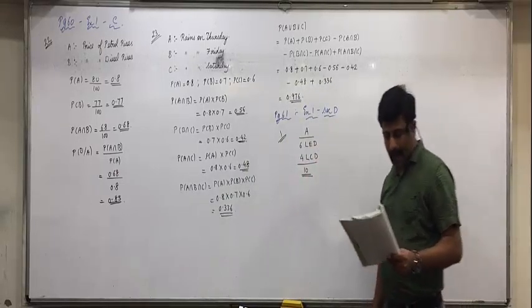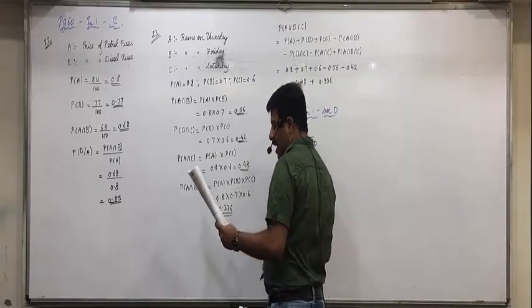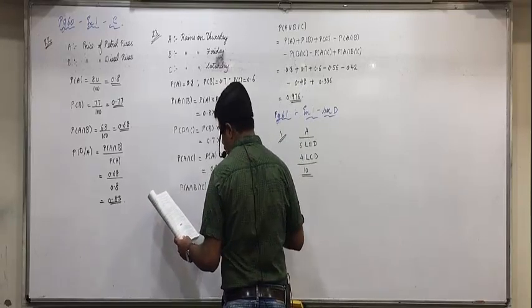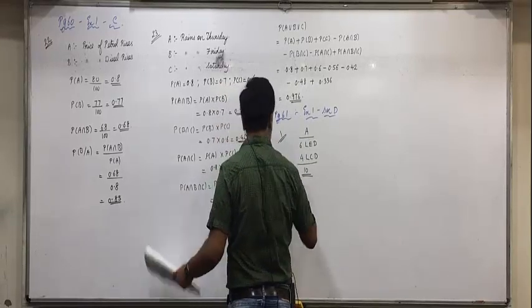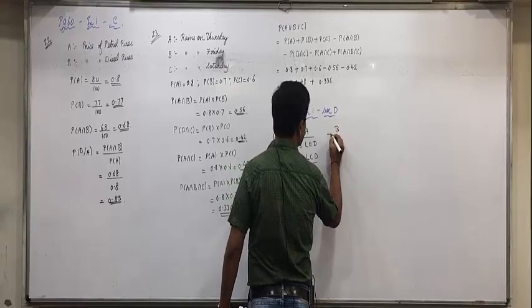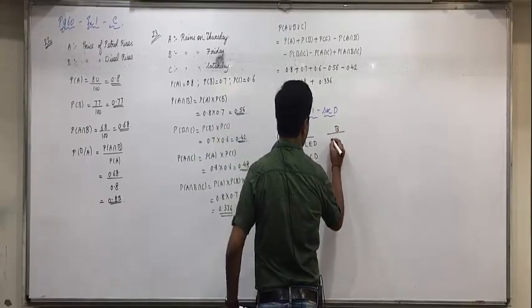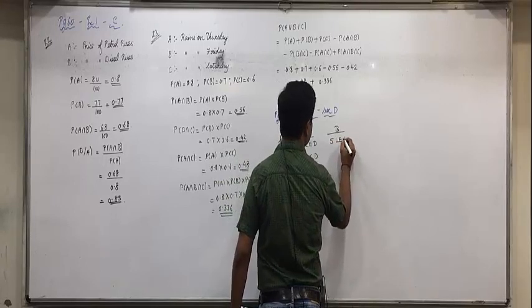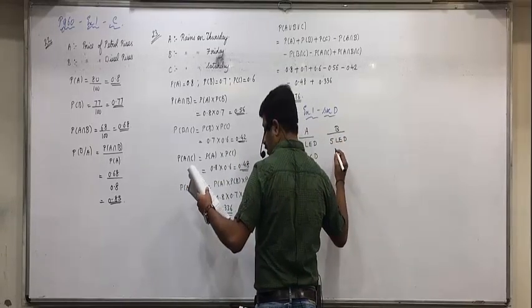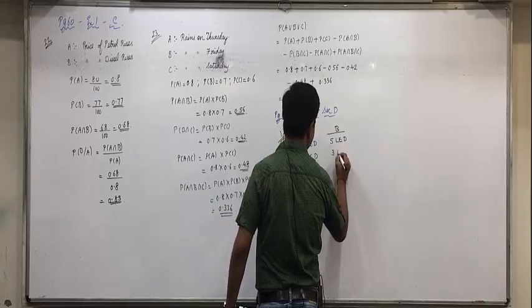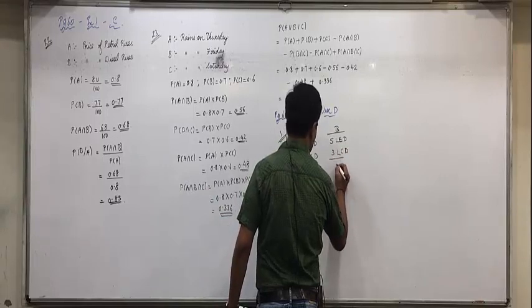Whereas 5 LED televisions and 3 LCD televisions are displayed in digital store B. So digital store B, 5 LED, 3 LCD, total 8.